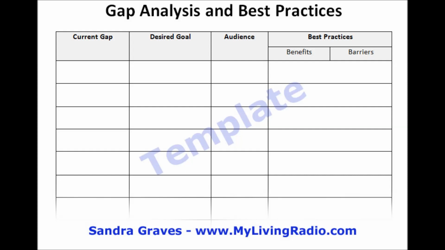And then best practices. This is after you gather all that information and set your goals and understand your audience, then you are going to summarize the best practices, and that includes the benefits and the barriers.